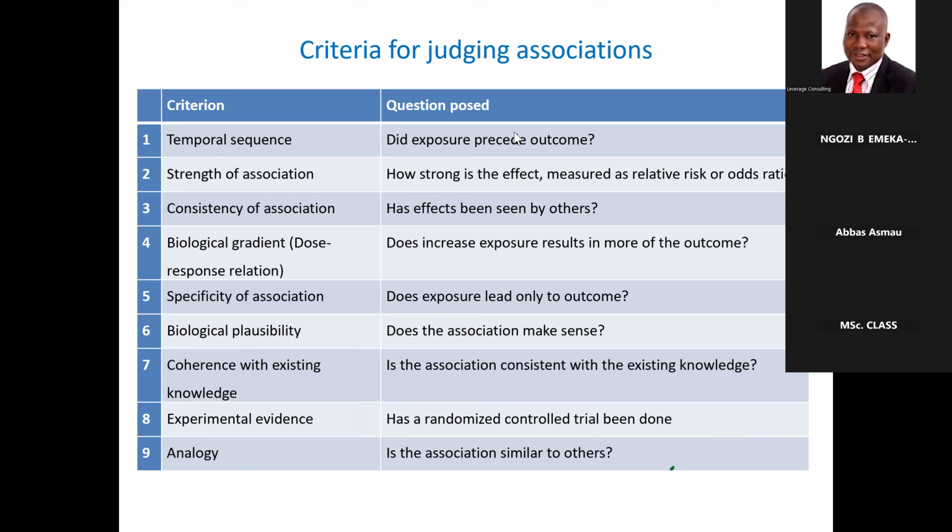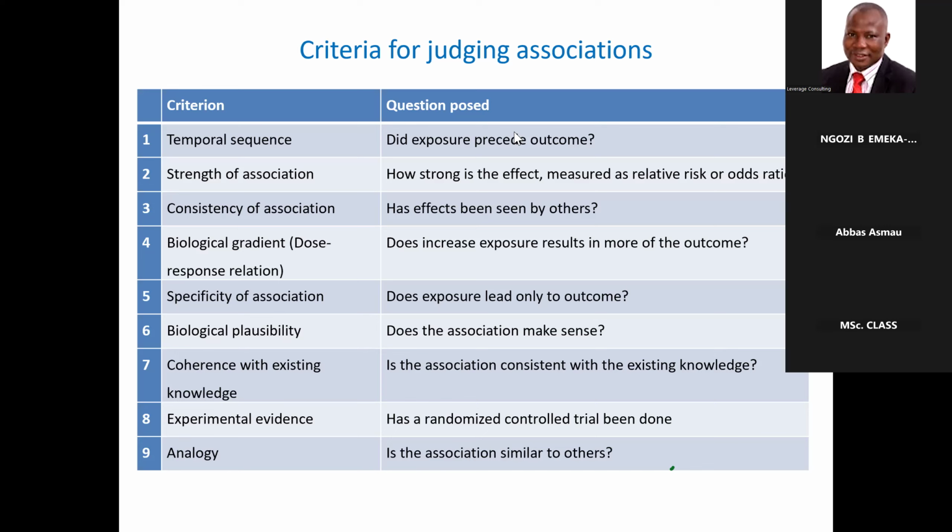Then experimental evidence. Has any experiment, such as a randomized controlled trial, been done? Experimental evidence does not mean it is lower down. Many people say the experimental design is superior. Forget that nonsense, because there are some situations where you cannot do experimental design. Imagine during COVID-19, you want to see if this drug works.